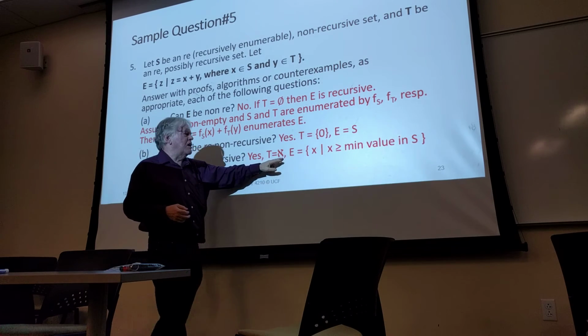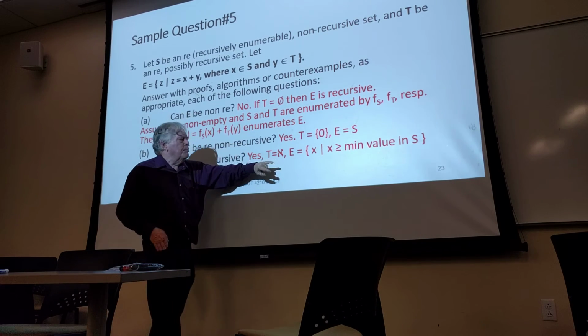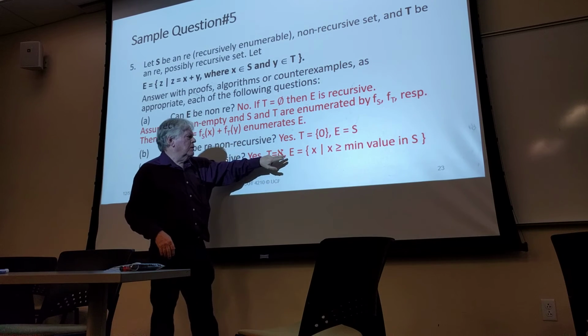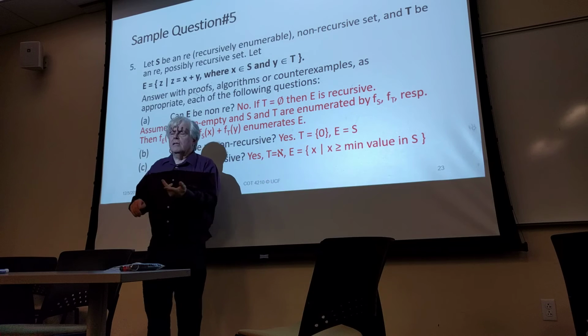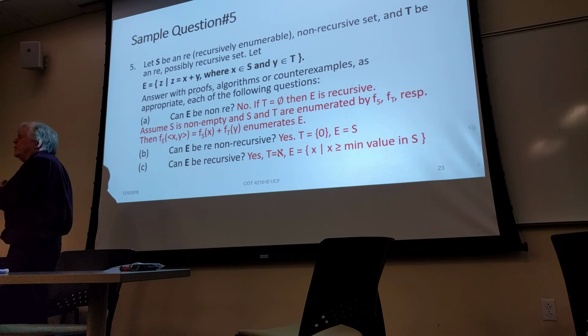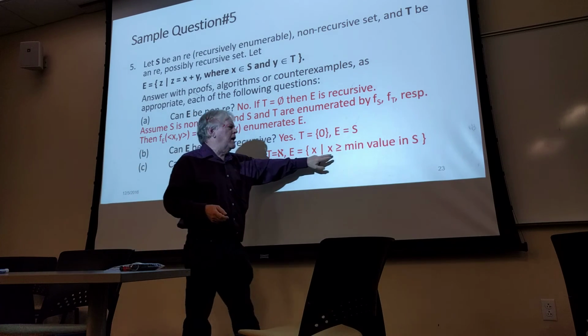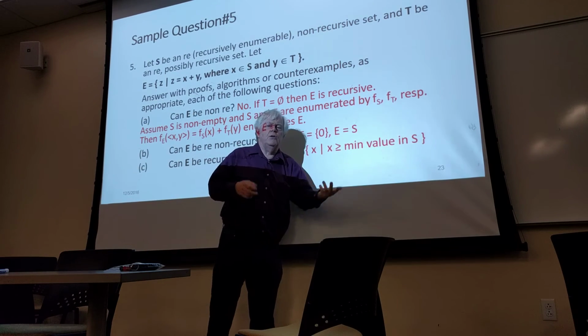The set of natural numbers is an alternative because once you add the minimum number from the set S to 0, then what will you get beyond that? You'll get that value plus 1, that value plus 2, that value plus 3. So what you'll get is every value greater than or equal to the minimum value in S.